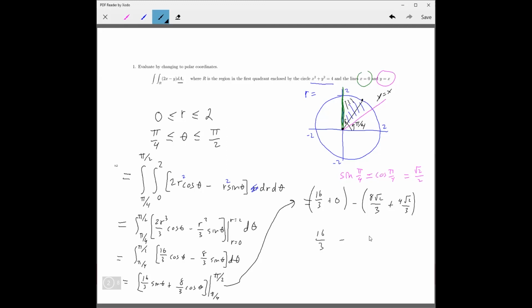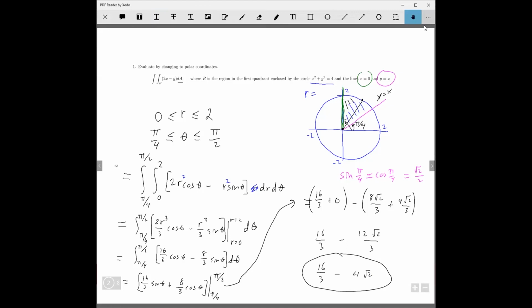I'm on the right track. What am I thinking? Minus 12 root 2 over 3. So that's 16/3 minus 4 root 2. That's the final answer? Yep. Did you guys get it right? Kind of tricksy. Okay, ready to go to the next problem? Yeah, that was right.